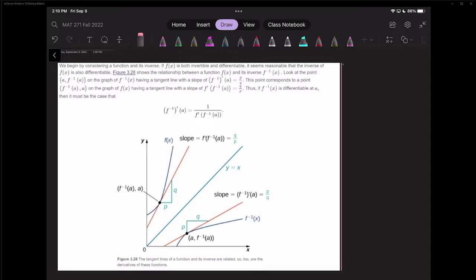So if we look at the point A, f inverse of A on the graph of f inverse, having a tangent line with a slope of f inverse prime of A, which is p over q, then this point corresponds to a point f inverse of A on the graph of f of x, having a tangent line with a slope of f prime of f inverse of A, which is q over p in this case.